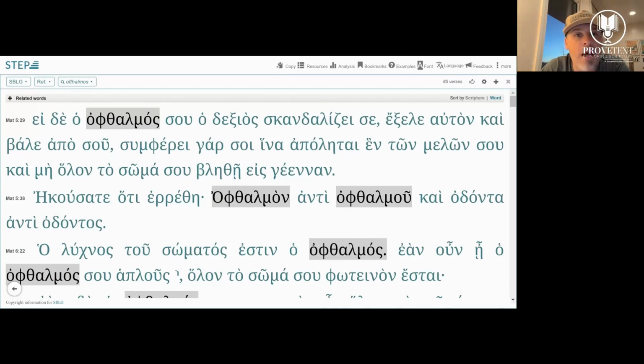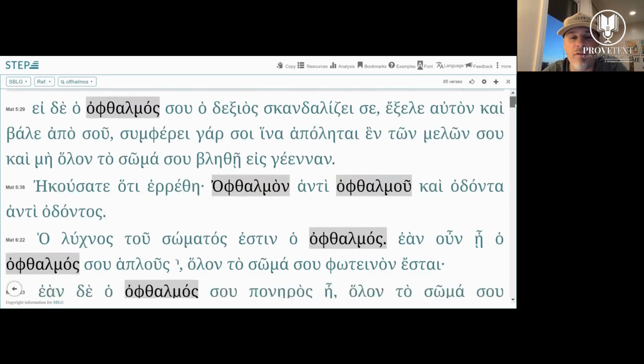And we get our word optometrist in English directly from this. A person who looks at the eyes and studies the eyes, right? You can see, so that's your mnemonic, by the way. You can see in Matthew 5:29 that we get our first instance of this, ei o ophthalmos sou. Well, if your eye, right, scandalizes you, that sort of thing.